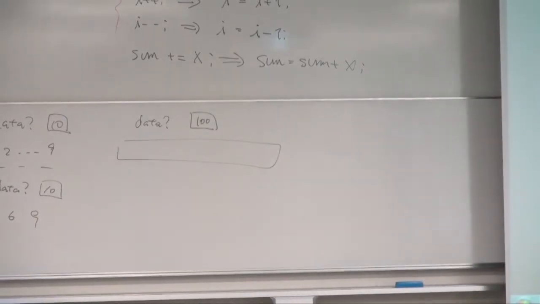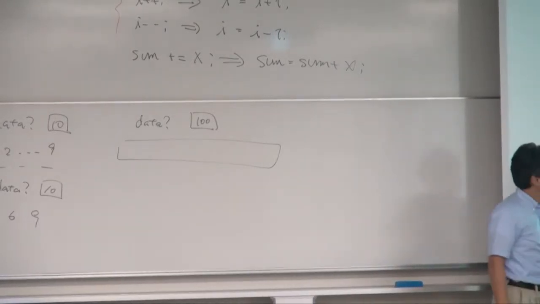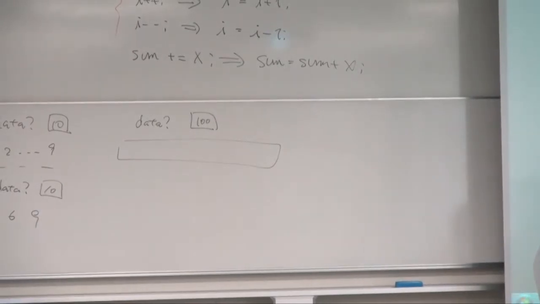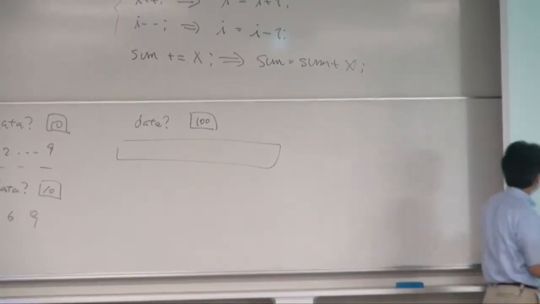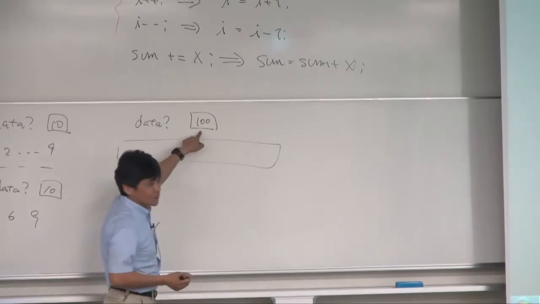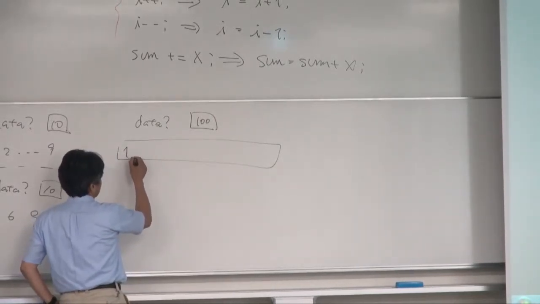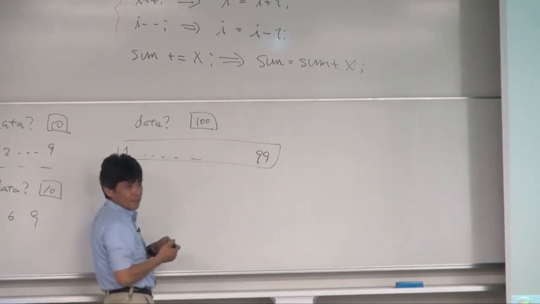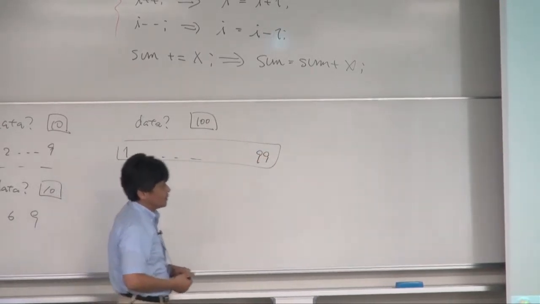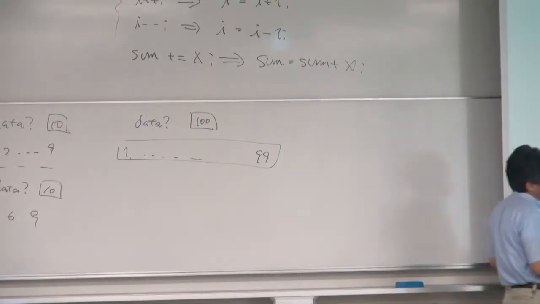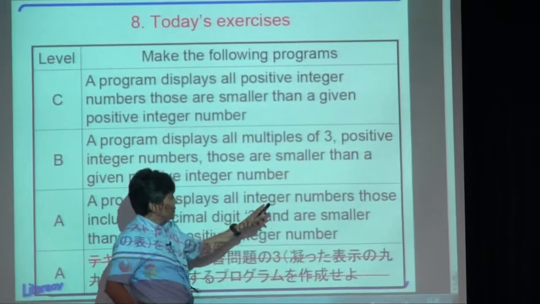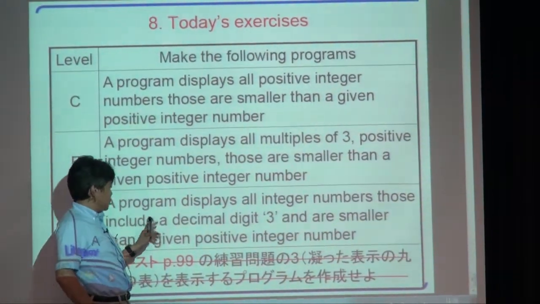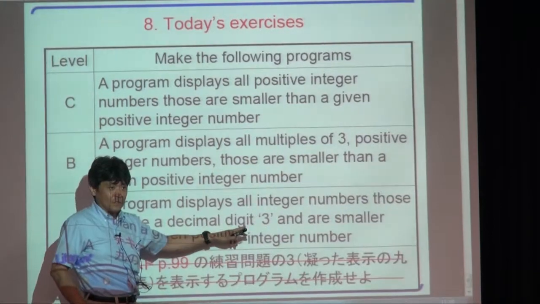First you have to select positive integer numbers smaller than this given number. If you enter 100, the candidates become 1 to 99. Then the other condition: those numbers should include the decimal digit 3.